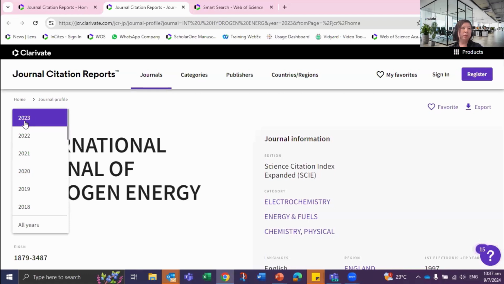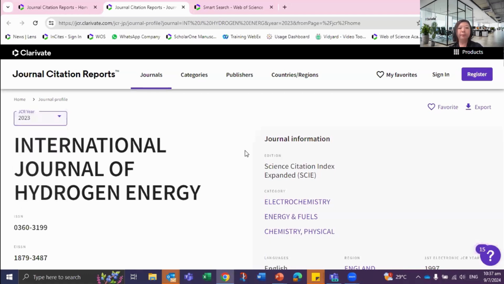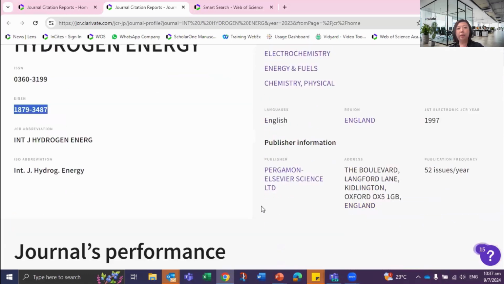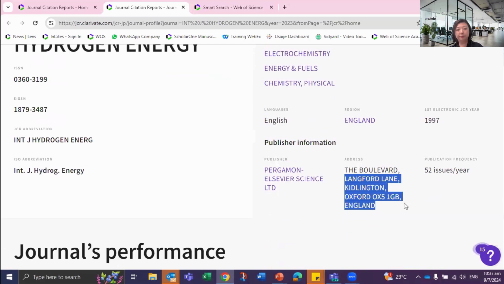So always remember 2023 is the latest. If you scroll down, you can see the ISSN, so you can use this to verify on the journal's website whether it is the same ISSN. So there's ISSN, EISSN here. You can check on the publisher's details and their address, and also publication frequency.